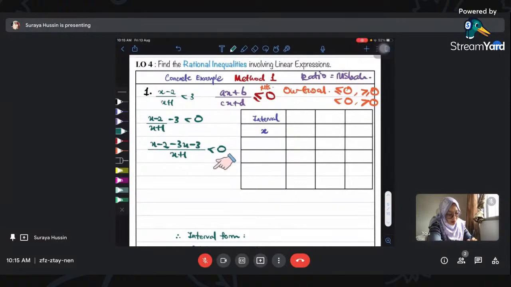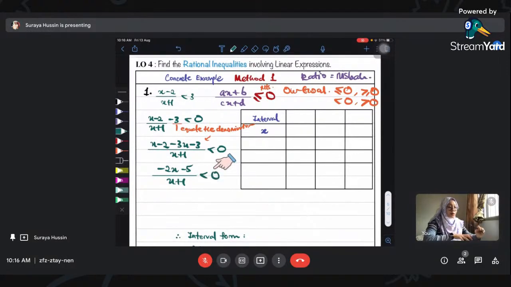Saya laju sedikit. You equate the denominator. You tahu kan macam mana nak buat. So now I will got negative 2x minus 5 divided by x plus 1. And this is still less than 0.